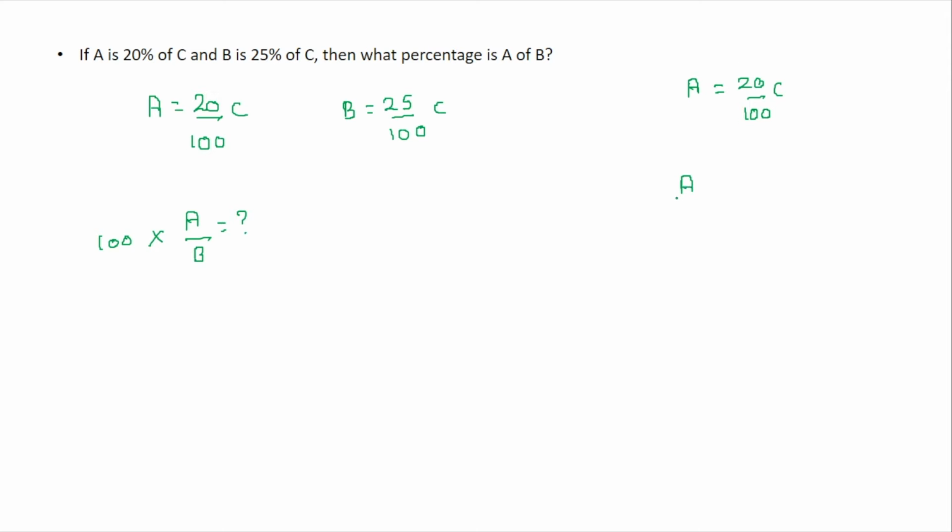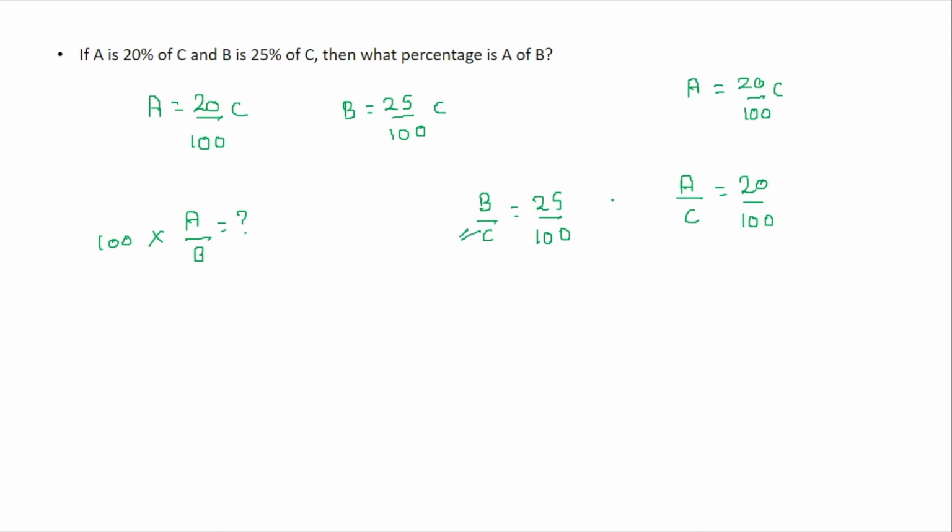So A by C equals 20 by 100, right? And similarly, B by C equals 25 by 100, right? After doing this, you have to see which element is common in both of them.